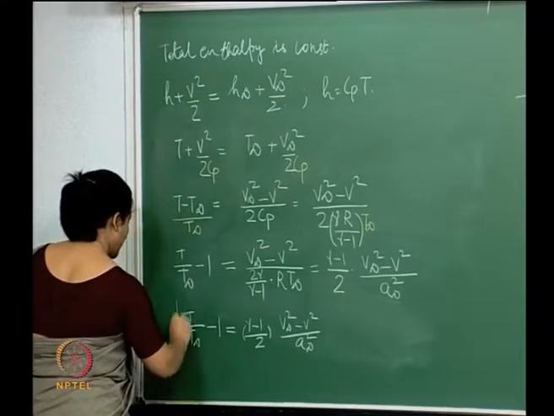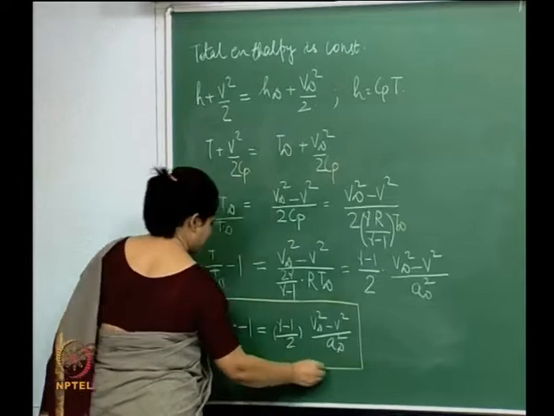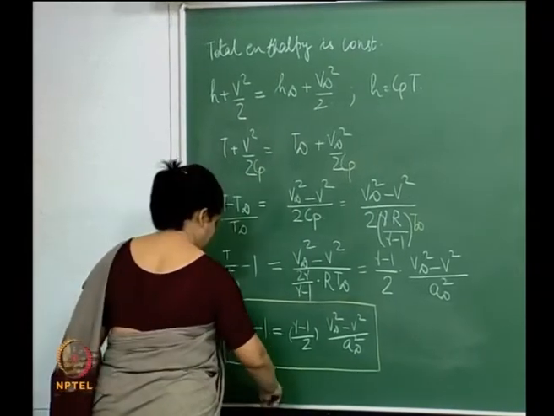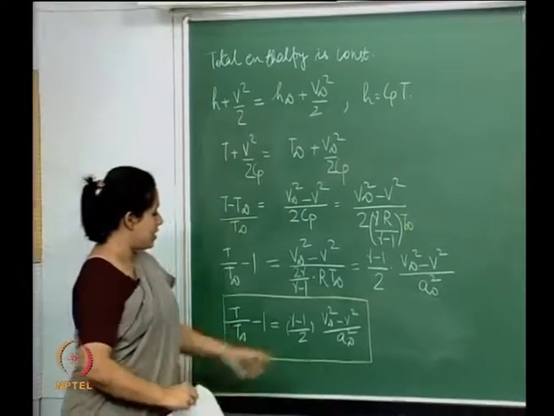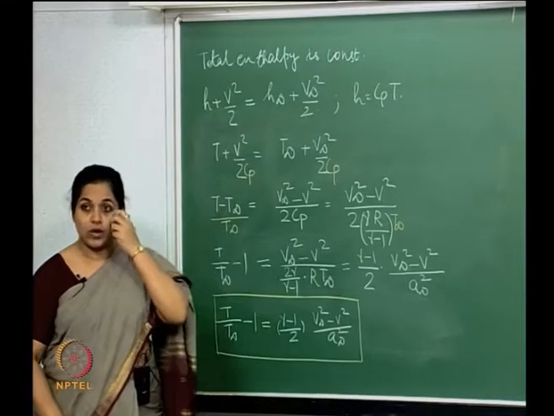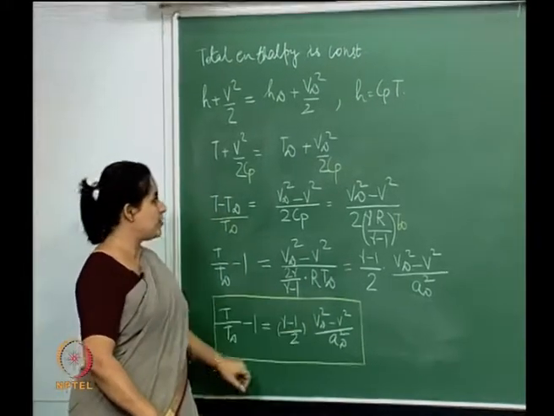So this is what we are looking at at this point here. Now let us see what this V looks like. This is the local velocity, and this is the free stream.